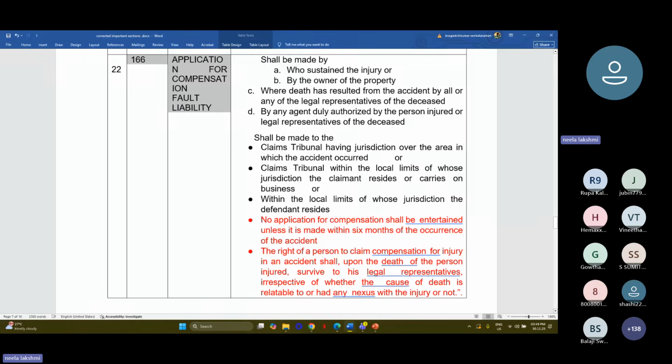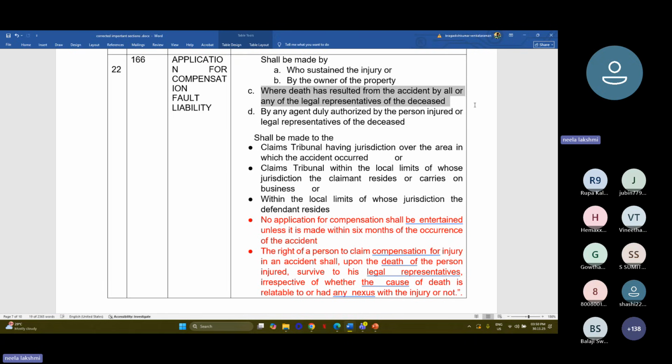Here, who shall make the application? Very detailed, very important section. You have to know it in detail. The application shall be made by the person who sustained injury, or by the owner of the property where damage has resulted from the accident, or the legal heirs of the person who died in the accident and the legal representatives of the deceased.